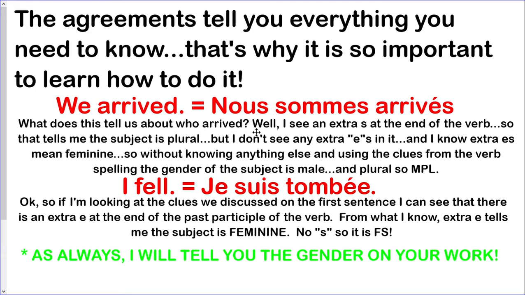From what I know, an extra E tells me that the subject is feminine. No S at the end, so it is a feminine singular sentence. This was a girl that fell. Extra E right there. As always, I will tell you the gender of whatever sentence on your work, on a test, whatever. I will tell you what gender I'm looking for when you're completing it.